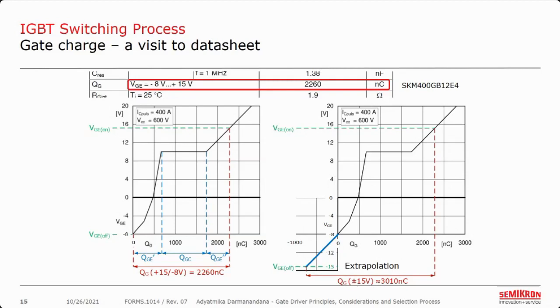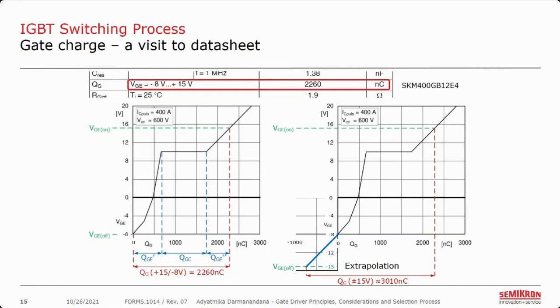Sometimes the diagram doesn't show you the whole area that you need in regard of the gate voltage of the driver. In this example, a gate driver has a fixed VGE off of minus 15 volt, but the diagram starts at minus 8 volt.